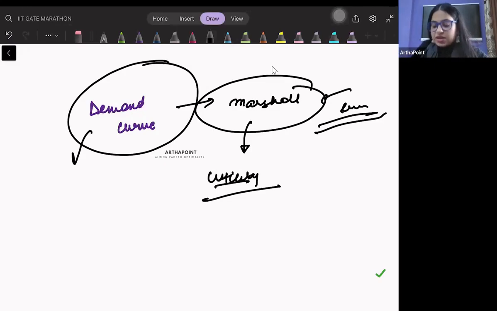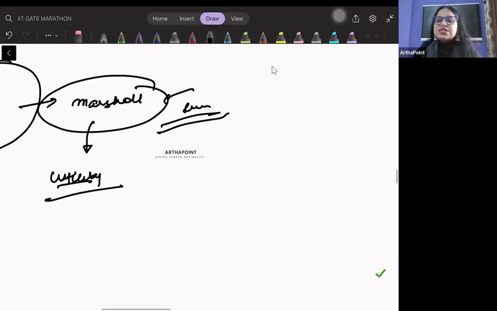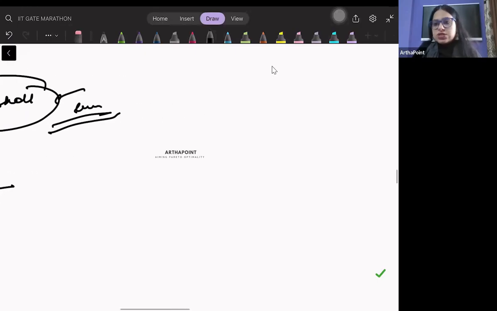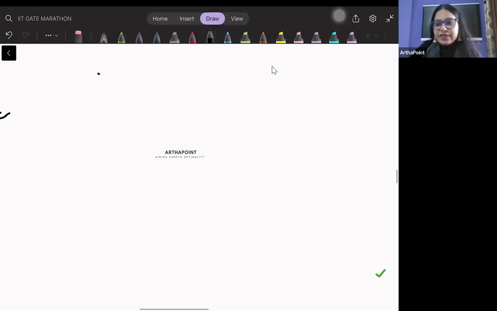जब हमने ये demand curve derive किया था, we made that price offer curve and all. We derived this demand curve following the law of demand. है ना? But here we are saying that Marshall derived this demand curve following the concept of utility. उन्होंने utility का concept को use किया. And what did he go ahead and do?